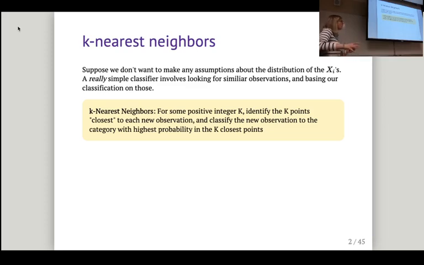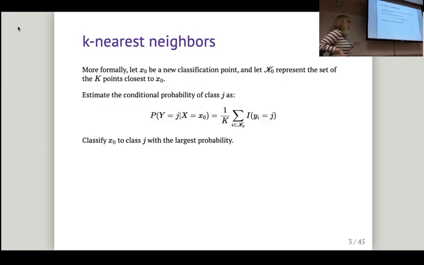So we look for how many of the nearest neighbors fall into each class. We choose the class with the most nearby points. Now in 2 dimensions, k-nearest neighbors is really easy to visualize and think about.